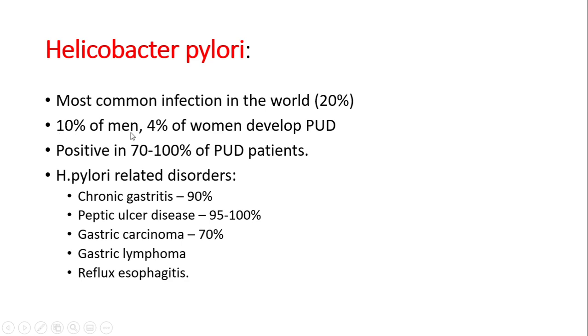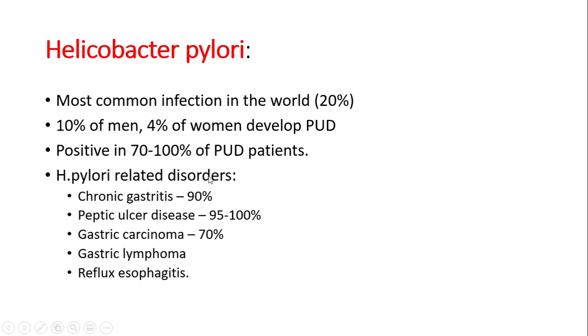Chronic H. pylori associated gastritis is developed. So H. pylori is positive in up to 70 to 100% of patients with peptic ulcer disease.